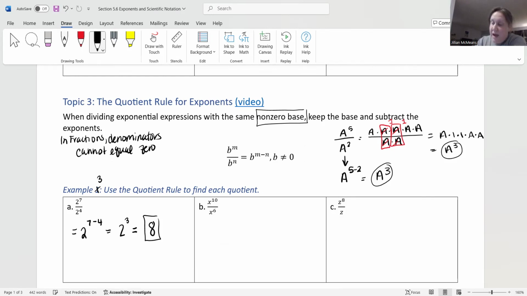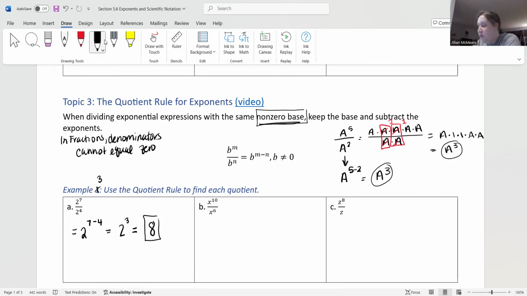In this case, if we had 0 to the 7th power divided by 0 to the 4th power, well, 0 to the 4th power is 0. So you would end up having division by 0, which mathematically can't happen. We say it's undefined. So that's what they mean by you have to have non-zero bases, which means your base can't be 0 because then your denominator would be 0.